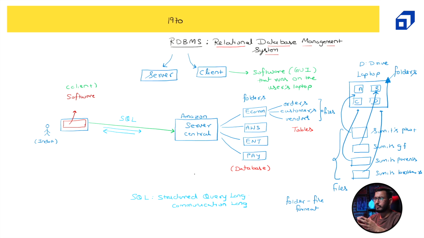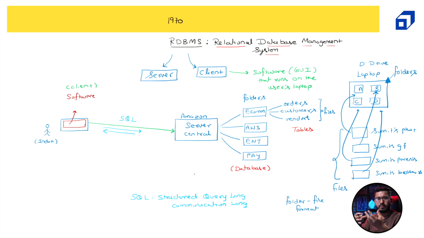RDBMS comes with two components, the server and the client, where the server is the central storage of the data and the client is the software or GUI that helps the user connect to the server. SQL is a communication language that acts as a bridge between the client requirement and the server.